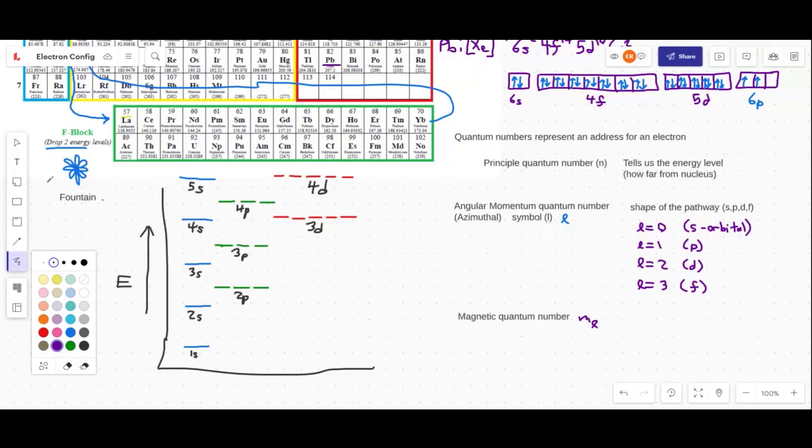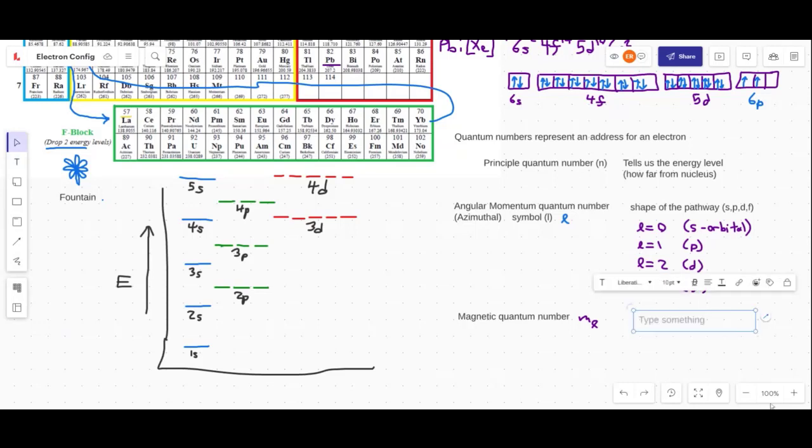And M sub L tells you which specific orbital in the subshell. In other words, it tells you the orientation in space.